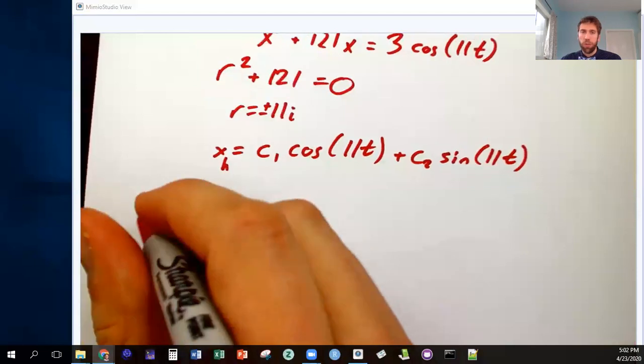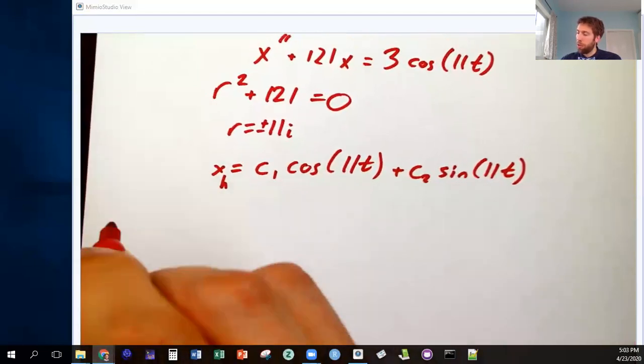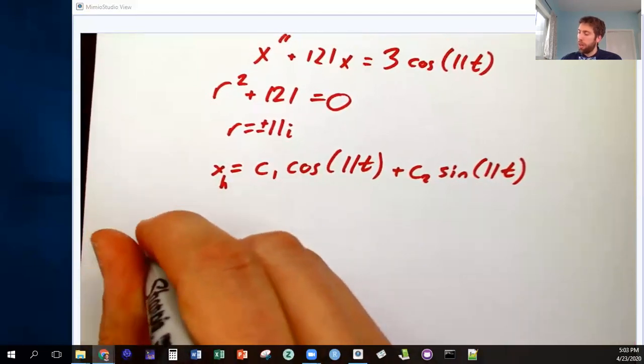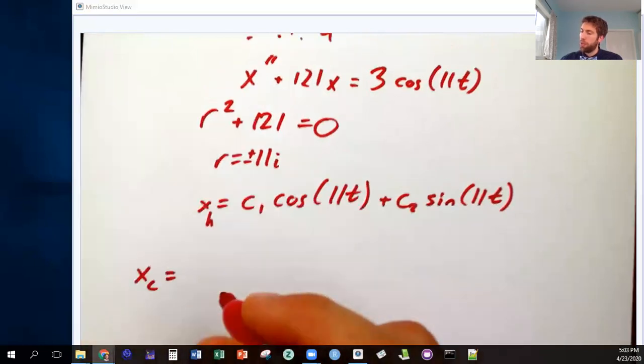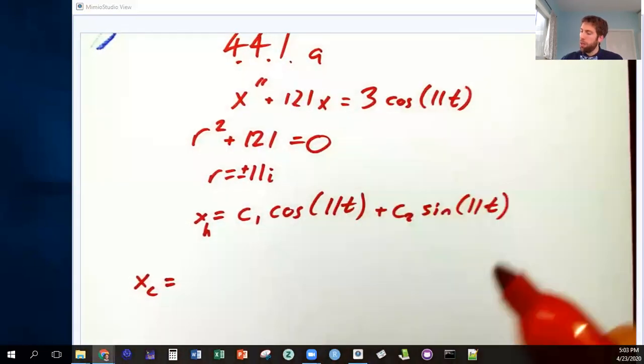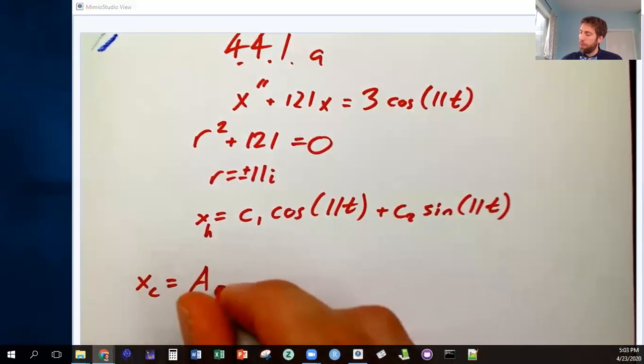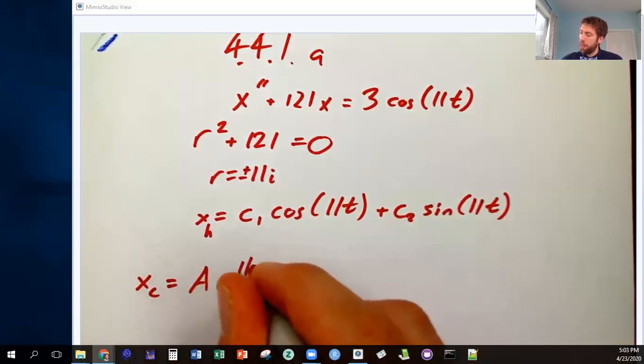So let's do our trick from 4.3. We're going to do x complex equals a times e to the 11it.